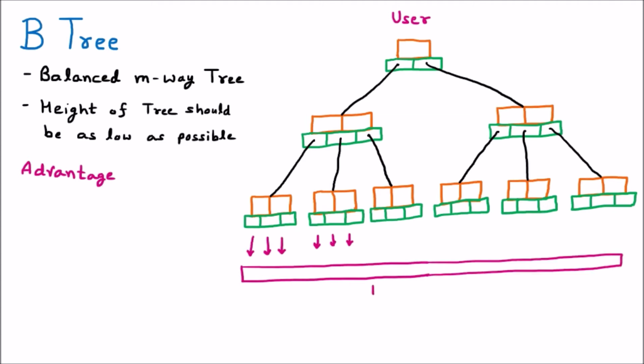Disk is nothing but the memory disk, the hard drive. At different places, these are pointing to the memory, and if you want to go to any of the memory, you can go directly with the help of B trees. So B trees are very important. We can say that they minimize file access due to their restricted height.